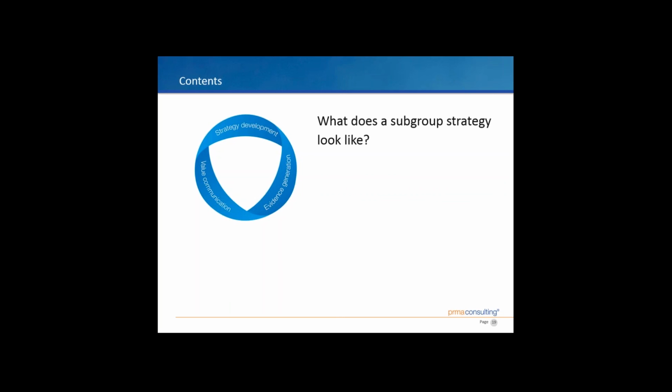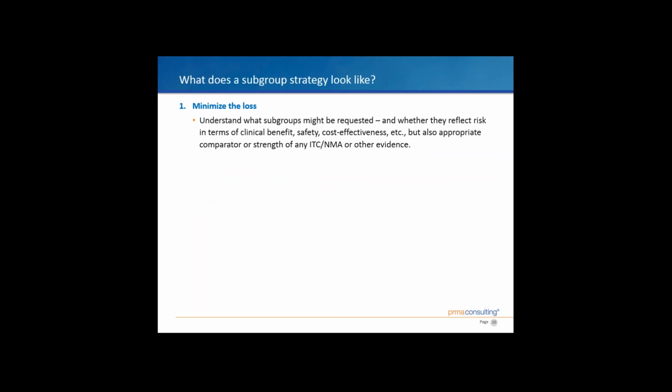And subgroup strategies, following on from that, are never as simple as we need a subgroup in inverted commas. They arise when the need is discovered, and the discovery of that need isn't always going to be at the same time. And of course, the nature of the need will dictate the strategy. Now, as I present these, I'm going to talk a little bit in decision theory or game theory terms.